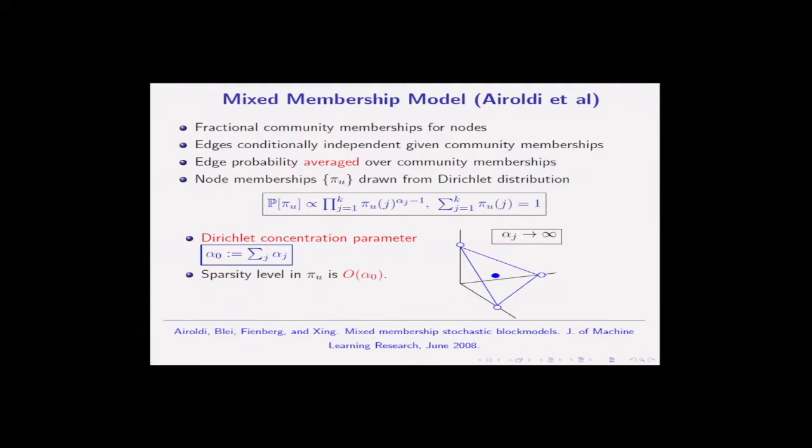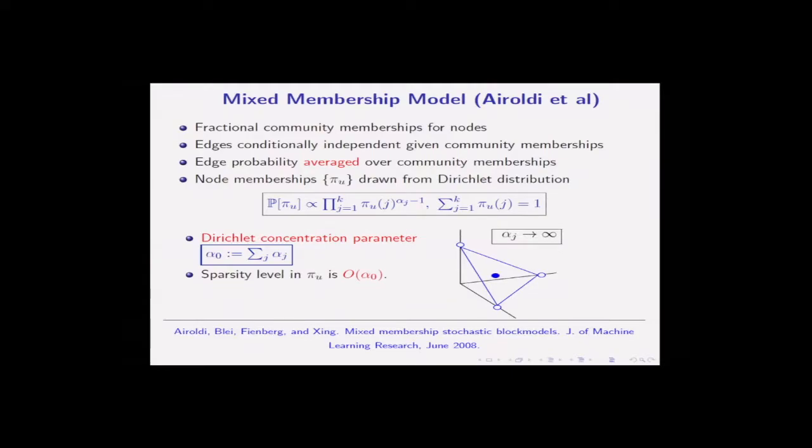Roughly, the sparsity level of community membership depends on this parameter. So this is the nice thing: I can now model communities with different levels of overlap based on this concentration parameter. That's the nice thing about this set of mixed membership models. It includes the stochastic block model as a special case, and it has a flexible way to incorporate a wide range of overlaps between the communities.